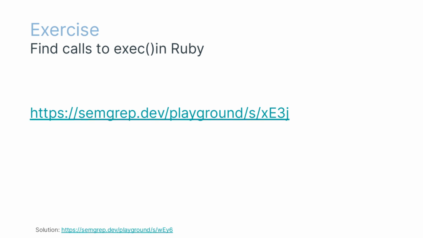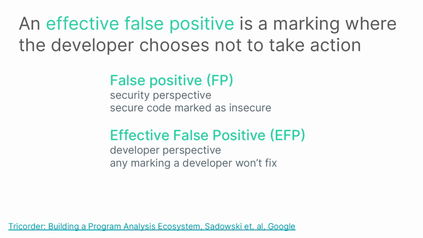We want to show some variation, how to capture one argument. But that's the next exercise. As some of you already noticed, you don't want to look for exec calls to a hard-coded string, for example. That's an obvious case of what we call an effective false positive. This is a term introduced by Google in their Tricorder paper, which is a very interesting paper if you're interested.